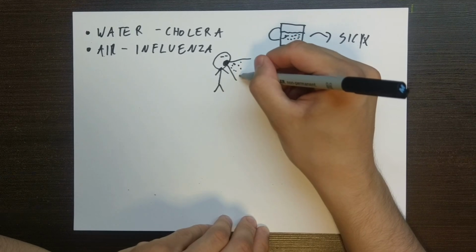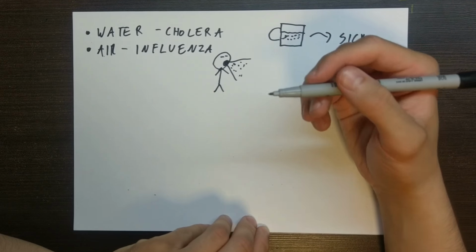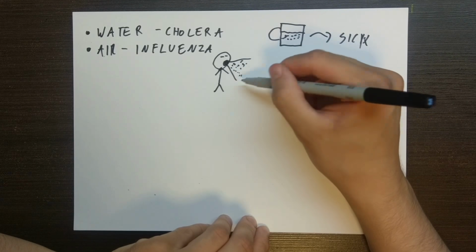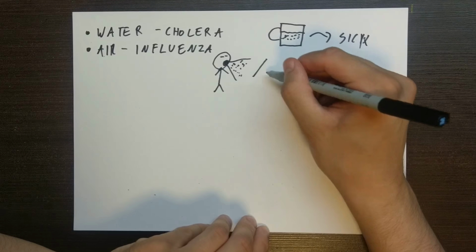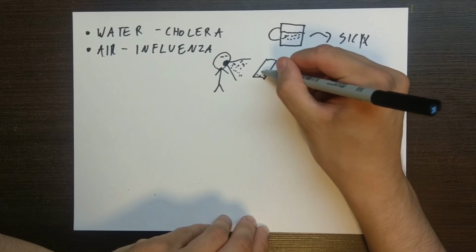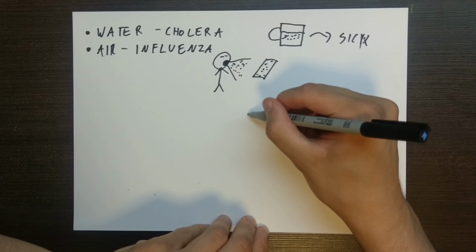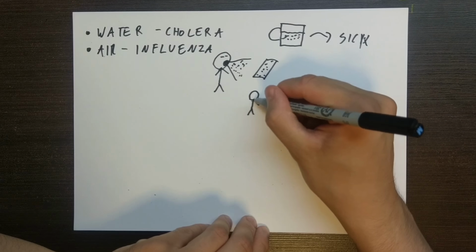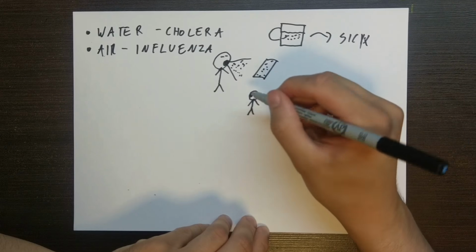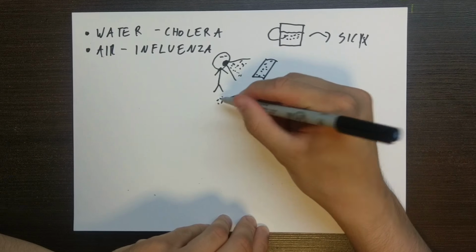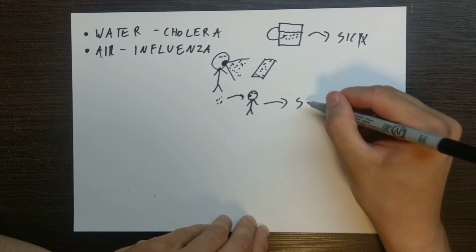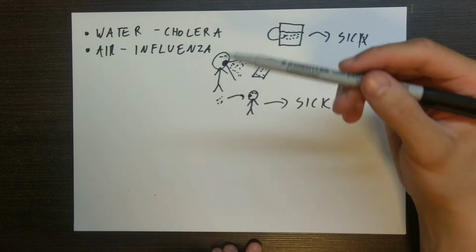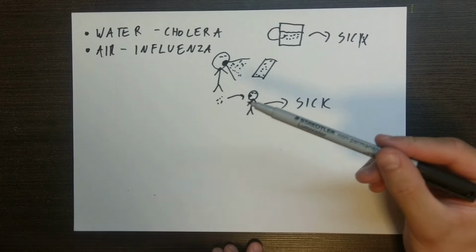As he coughs, he releases these tiny droplets which contain the virus. He can cough on various items that people are going to later touch, or these droplets can actually be directly breathed in by somebody else. And that person, unfortunately, would get sick. So this is another way the pathogens can spread.